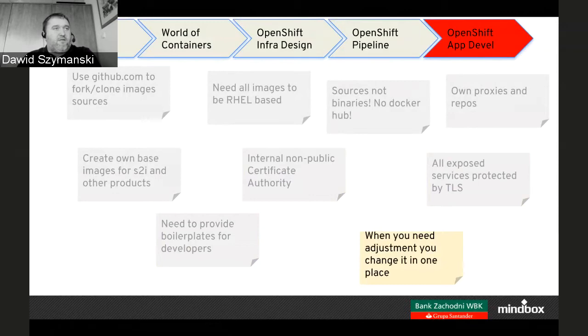You may be thinking differently, of course, but you won't have these troubles almost anywhere else, because, for example, as a bank, we need to use our internal Git. We are not able to use github.com or gitlab.com, and the public services are signed by public certificates, while our internal Git is signed by our private certificate. So our image needs to handle this, right? So there are a lot of such issues.